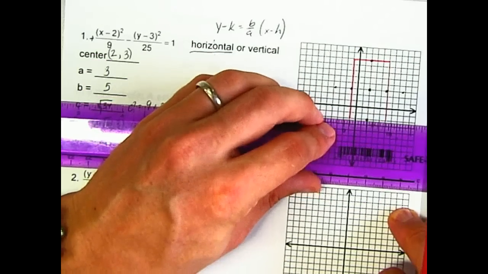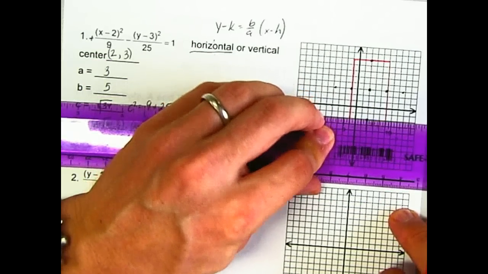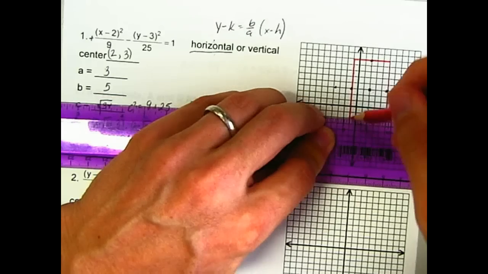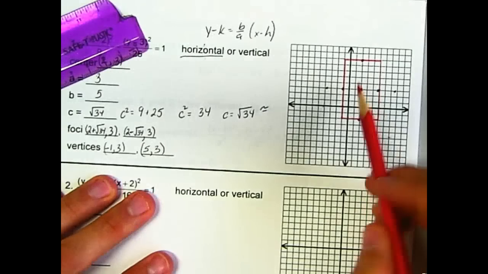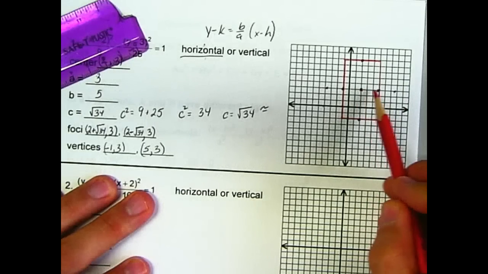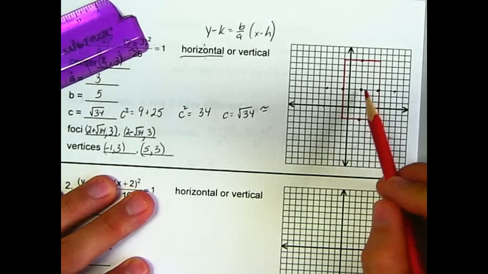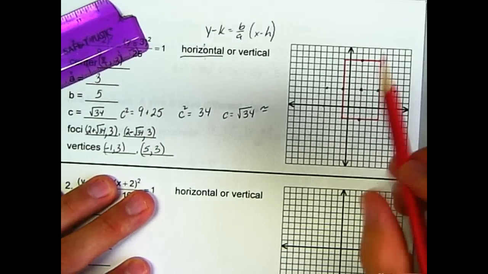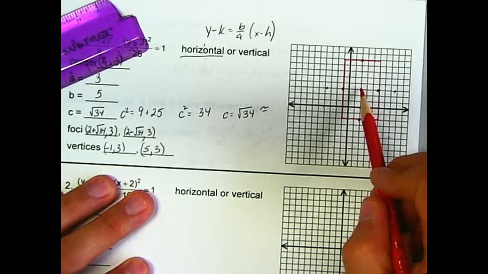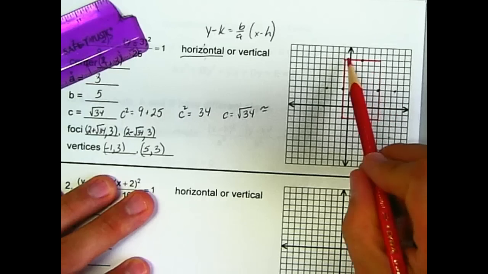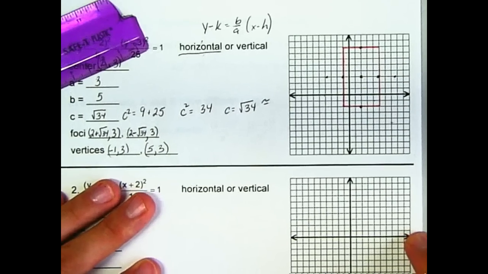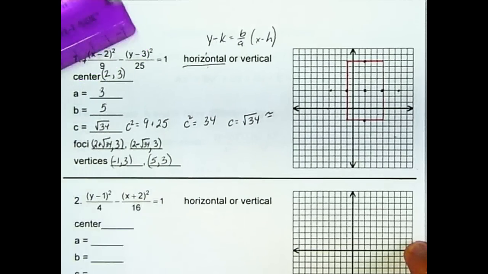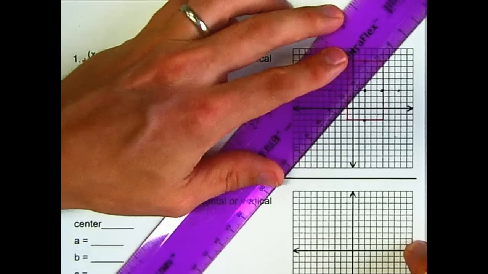We'll find the equations in a second. It's just nice to be able to see. I've got a distance of A from here to here, so I set up a vertical line at A, and this distance from here to here is B, and I set up a horizontal line there. So it works out nicely. That's where my asymptotes go through.